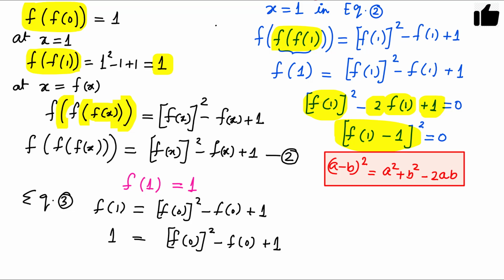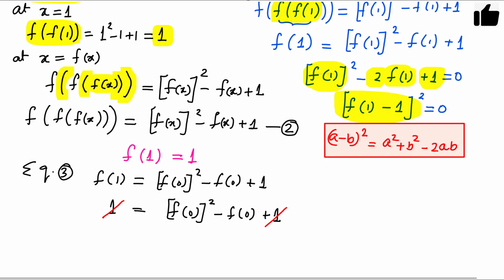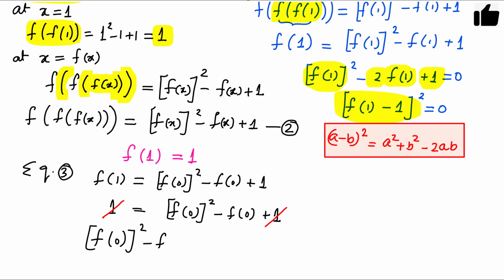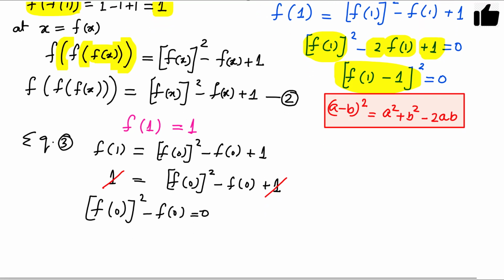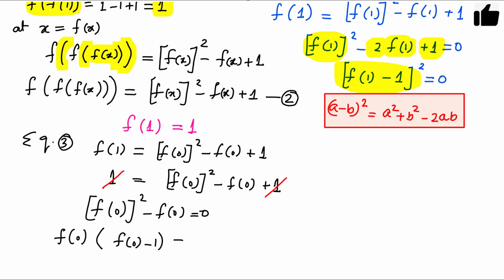This 1 cancels out, and from here you can say (f(0))² − f(0) = 0. If you take f(0) common, you get f(0) times (f(0) − 1) equals 0.